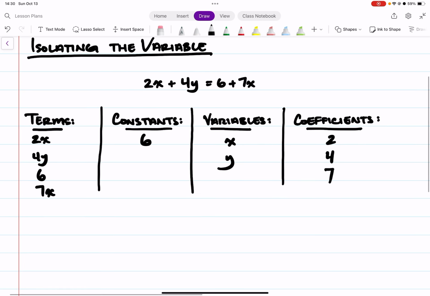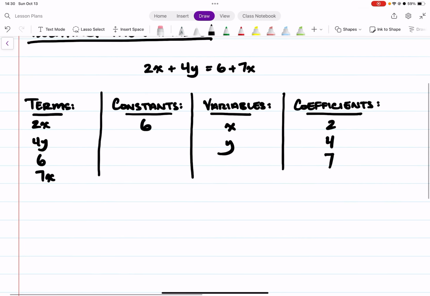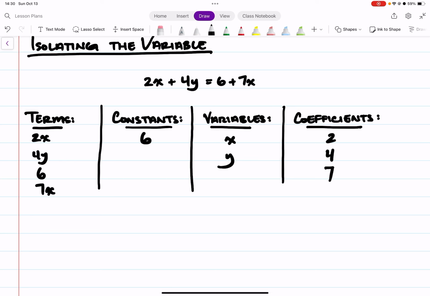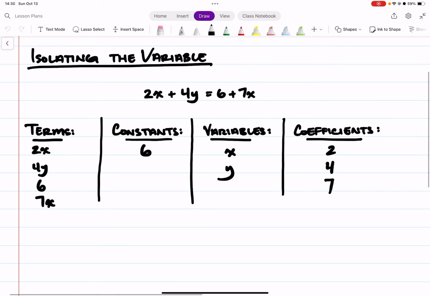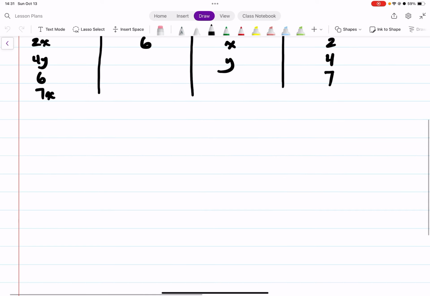Okay, so moving forward, now a word that we're going to use quite a bit is variable. As you could see here, the title is called isolating the variable. Now, what does it mean? Well, let's start with this. What is isolate? And I'm going to use this word quite a bit because anything you do at this point with the equations, with the equal signs, the goal is that we want to isolate.